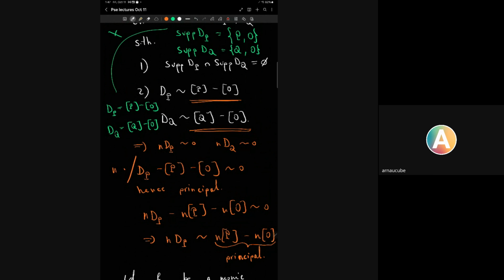But we can use, instead of equality, equivalence, and then the support can be disjoint.